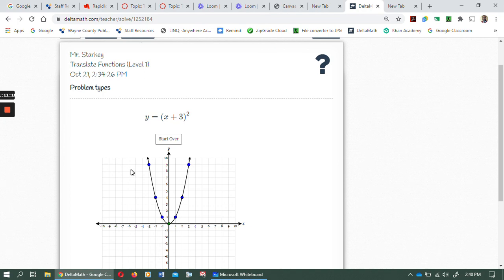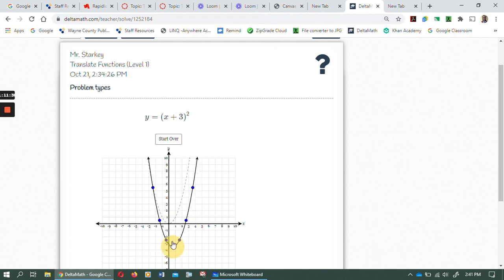So for the first type of problem set, you just have to plot those points by clicking on where you want them. And for the second type of problem set, you'll have to click, hold, and drag the point.